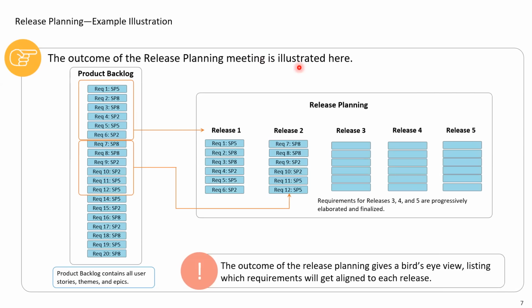Now, how is it different from a scope statement? When we follow predictive and incremental approaches, the work is taken from a scope statement, or a statement of work. How is a product backlog different from a statement of work or a scope statement? Sorry, can you repeat again?